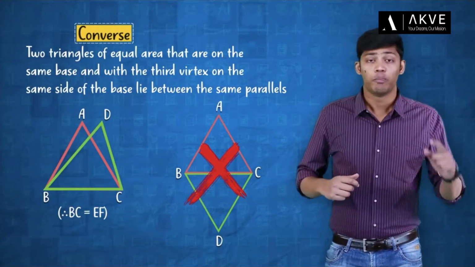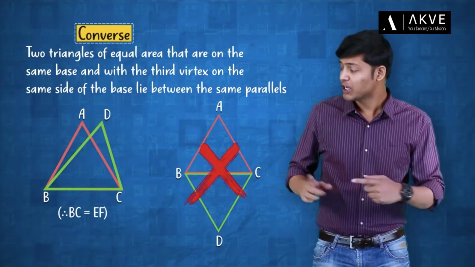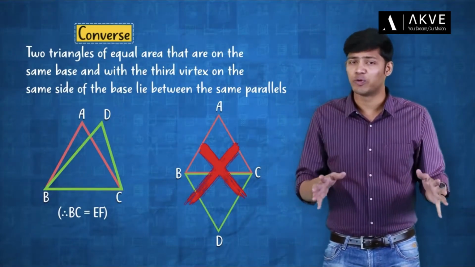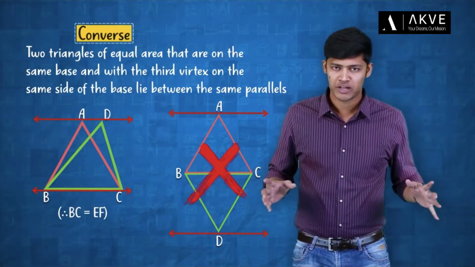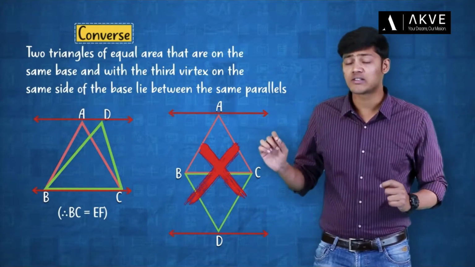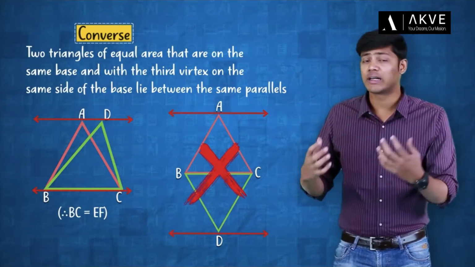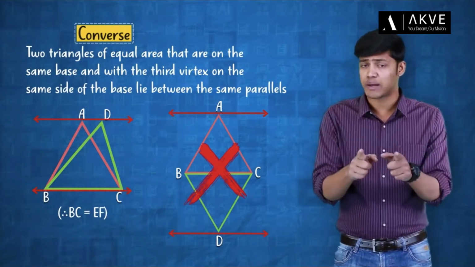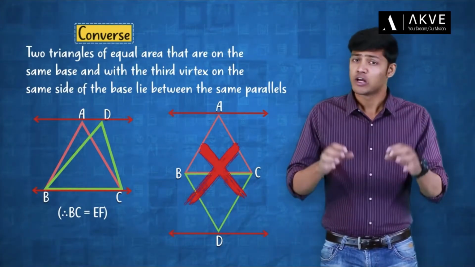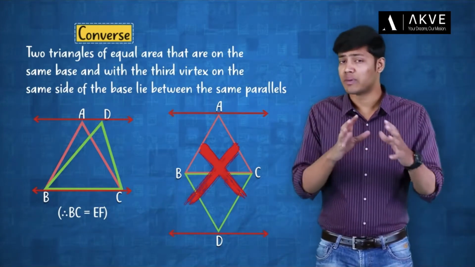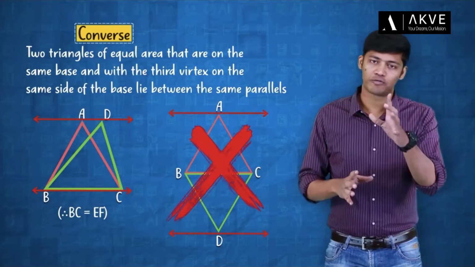Why? Because we have to prove that both these triangles lie between the same parallels. Now, if the vertices are on the opposite side of the base, then that will contradict our basic definition of shapes between the parallels. So, the vertices must be on the same side of the base.